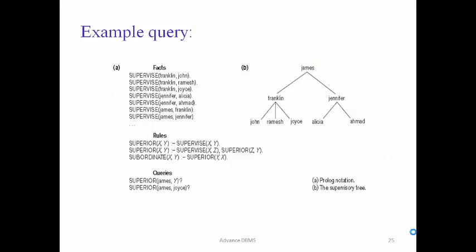These are some example queries based on the Prolog and Datalog notations. Here we are using the words predicate, argument, constant, and variable values. A predicate has an implicit meaning which is suggested by the predicate name and a fixed number of arguments.